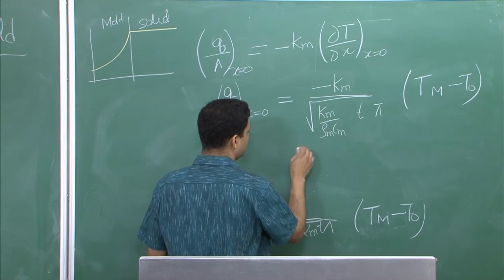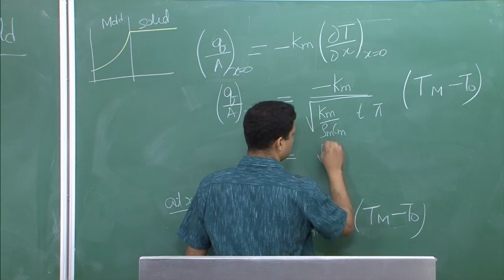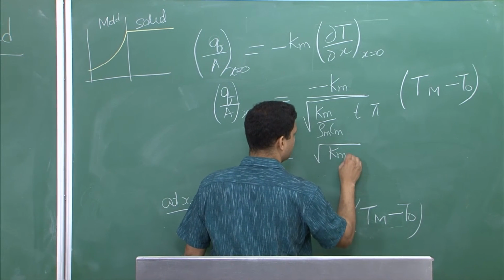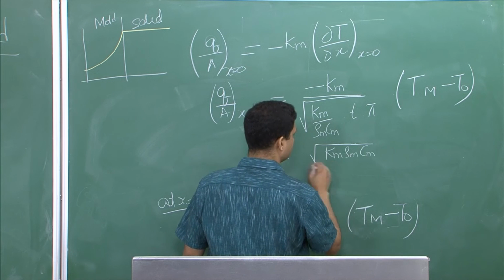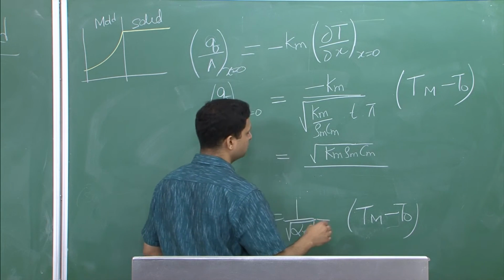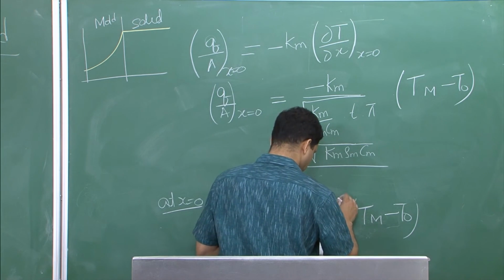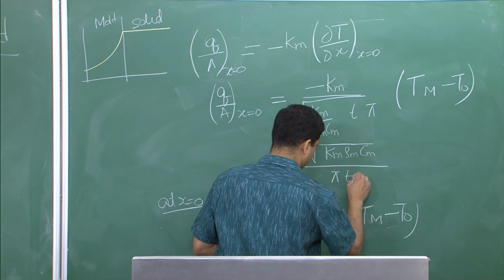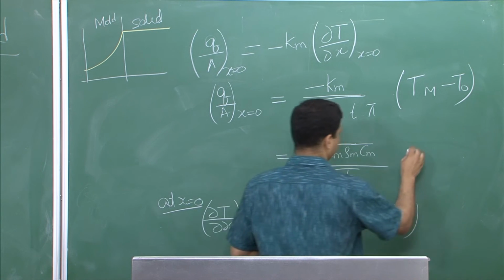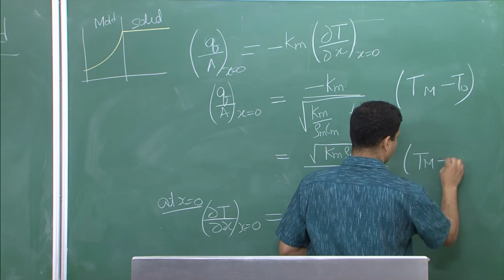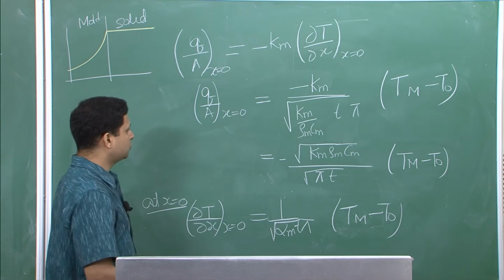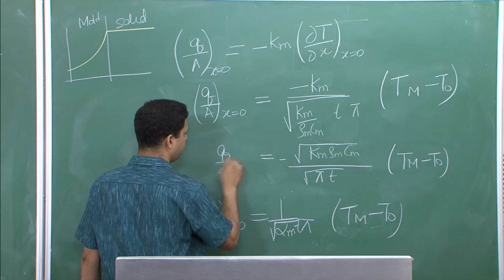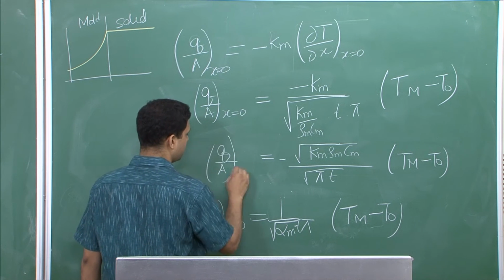So, this becomes root... so this is our Q over A heat flow rate into the mold at the interface.